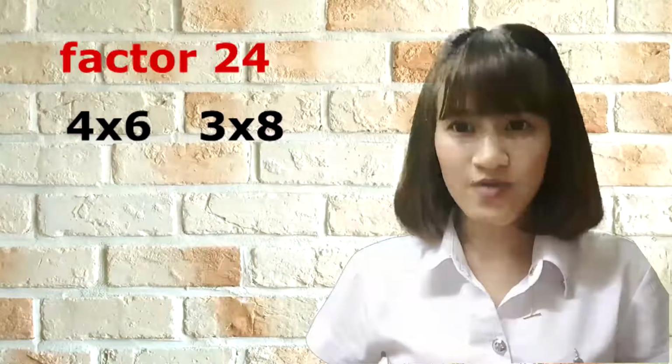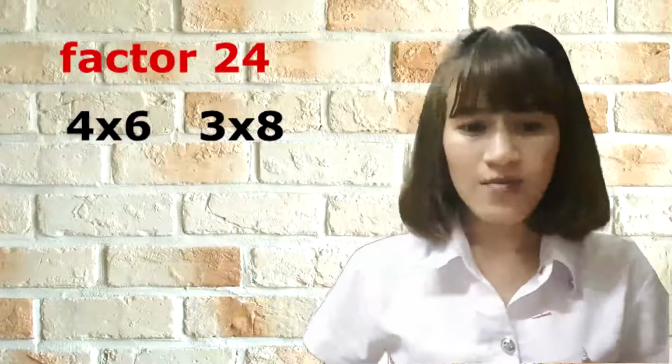And that's true. We could have decided to factor 24 into 3 times 8 instead. So which is the right way to factor it, 4 and 6 or 3 and 8? Actually, they're both right. There can be more than one way to factor a number.